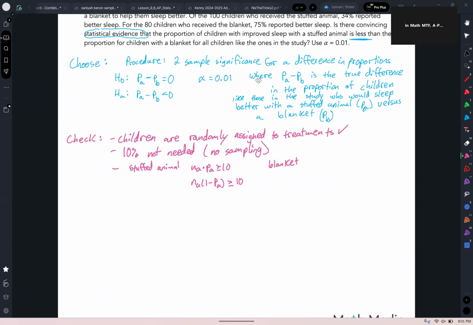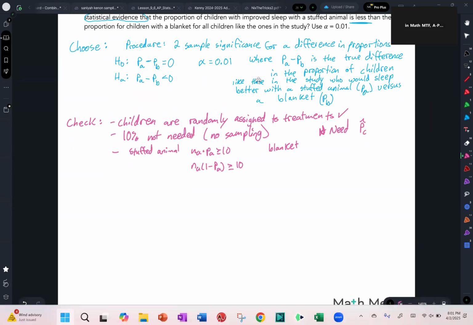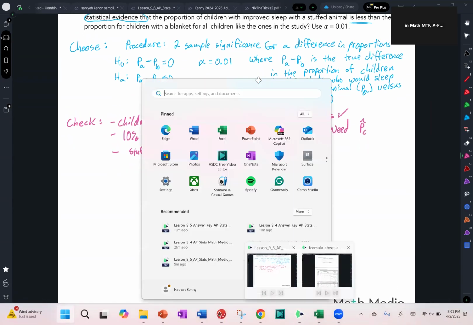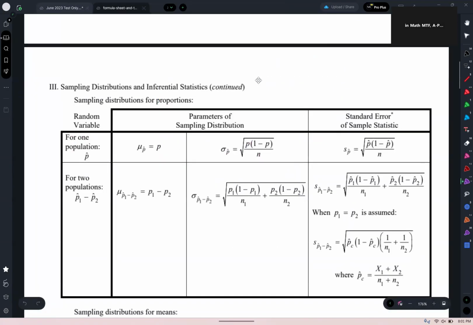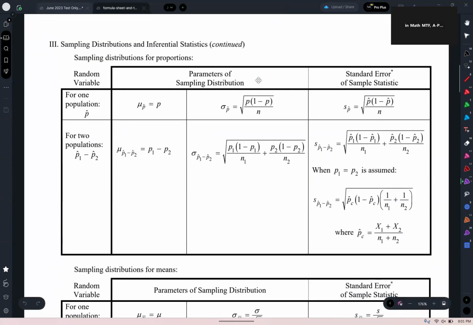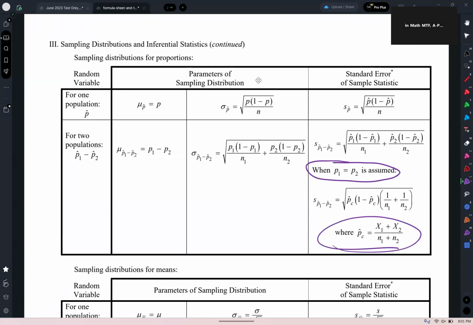So remember, this is where we have to actually find a combined sample proportion. And so you can look at the formula sheet. I actually pulled that up over here, right? So when you're doing the hypothesis test and p1 equaling p2 is assumed, or the difference is 0, you can use this.